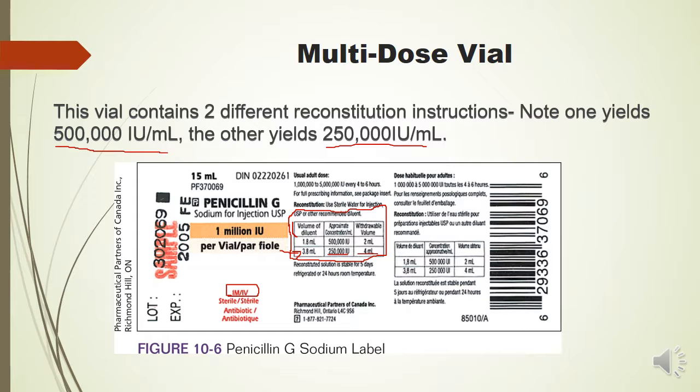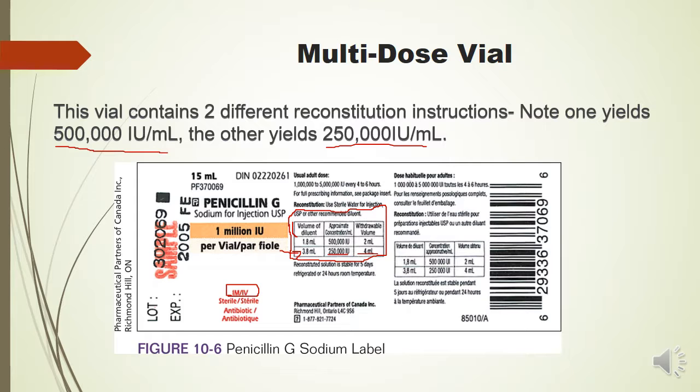So this is more concentrated, right? We have more international units per mil. This is less concentrated, less international units per mil. Okay. So our medication is Pen G. So sorry, it's a penicillin. So we call it Pen G for short. But penicillin G, okay? And it's for, again, IM or IV use.